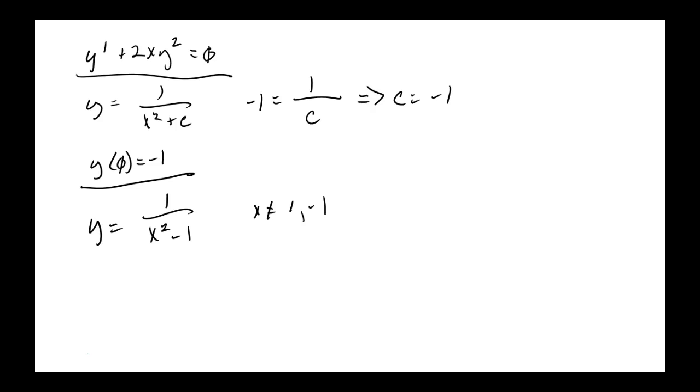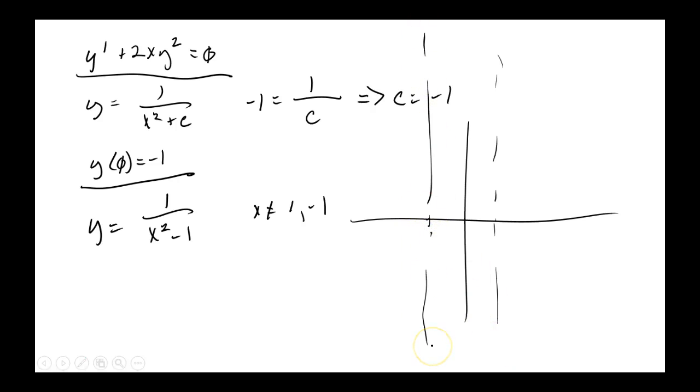So for x of 0 to be minus 1, you are limiting what interval this is good on. If you were to graph this, and they show it in the book, at x equal 1 you have a vertical asymptote, and at x equal minus 1 you have a vertical asymptote. When x is equal to 0, you're down here at minus 1.